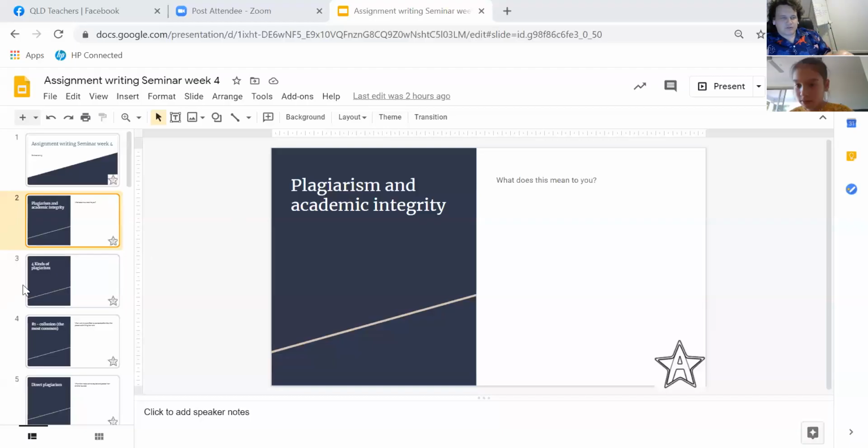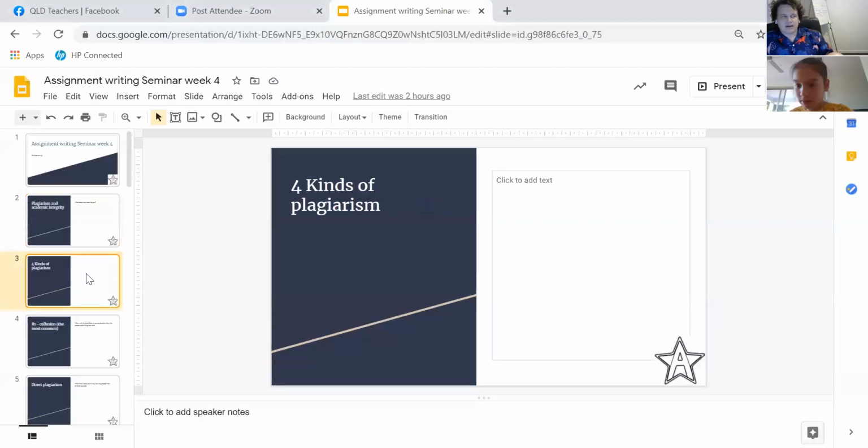Now, plagiarism. I've had a lot of difficult conversations with students at Griffith because they blatantly plagiarized. They went straight to the internet to a journal, they copied and pasted, and they didn't give recognition to the original author. Now, this is twofold because if you copy and paste something, do you have an understanding of it?